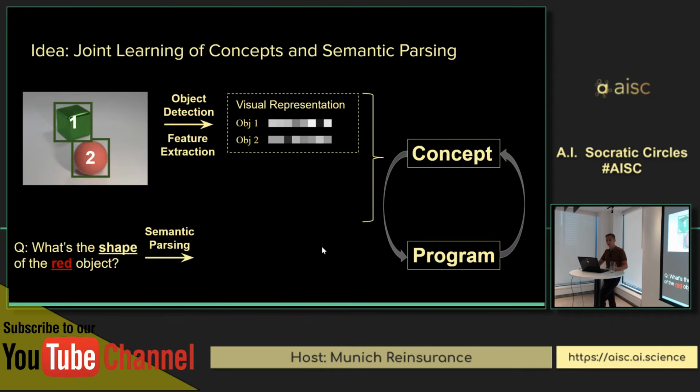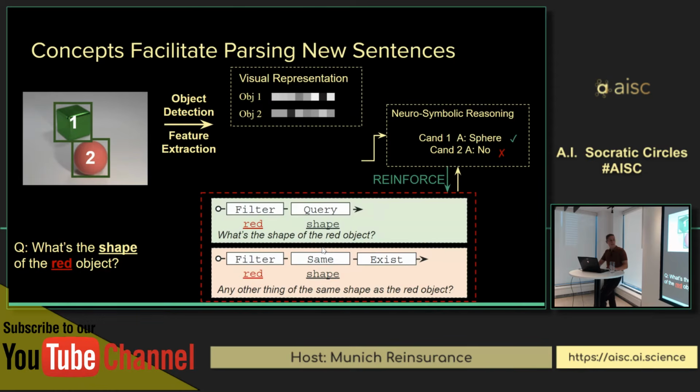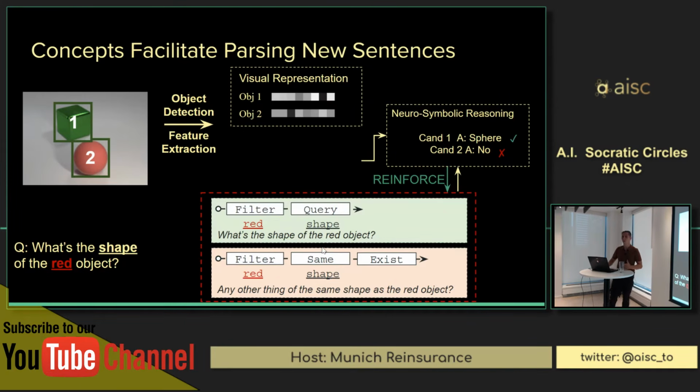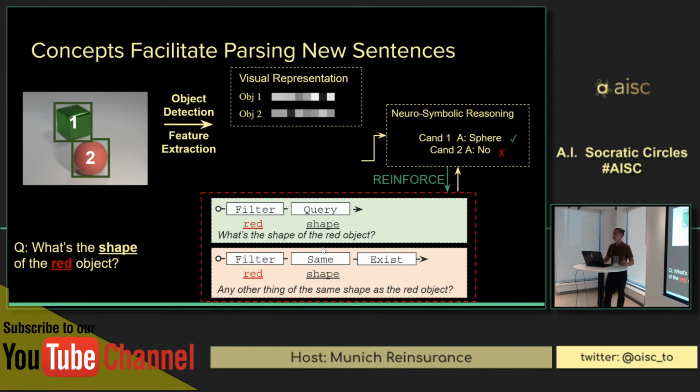So the way it works is the following. During the semantic parsing, multiple candidate programs are sampled from the parser. So from the same question, you can come up with different variations of the program.